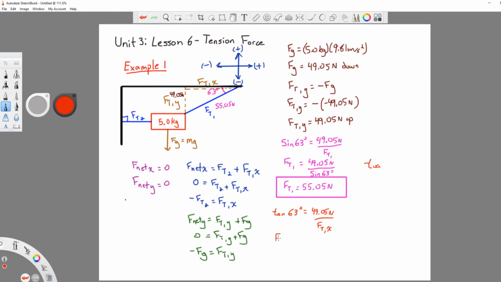So now Ft1x is equal to 49.05 newtons over tan of 63 degrees. Perfect. Leaving us with Ft1x equal to, what do I get here? 24.99 newtons. I didn't actually check my sigdigs for my Ft1 value here. So let's take this final answer box off and do some correct sigdigs.